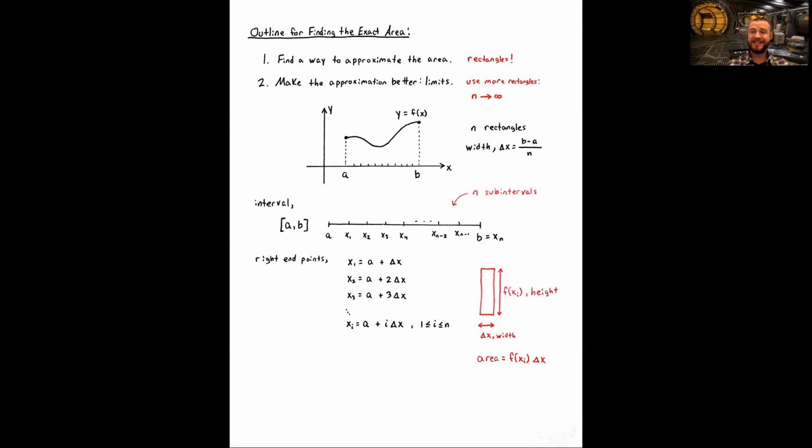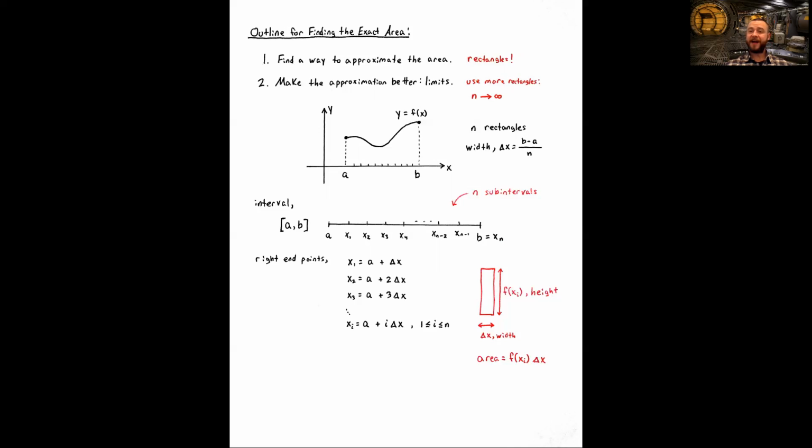To get to the next right endpoint, x sub 2, we add 2 delta x. x sub 2 is a plus 2 delta x. And to get to the ith subinterval and its right endpoint, we just multiply the width by however many intervals we're moving along, i, and then add that to a.